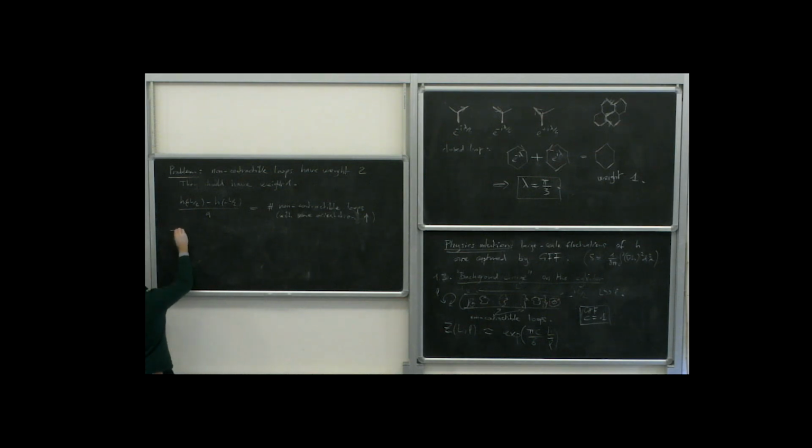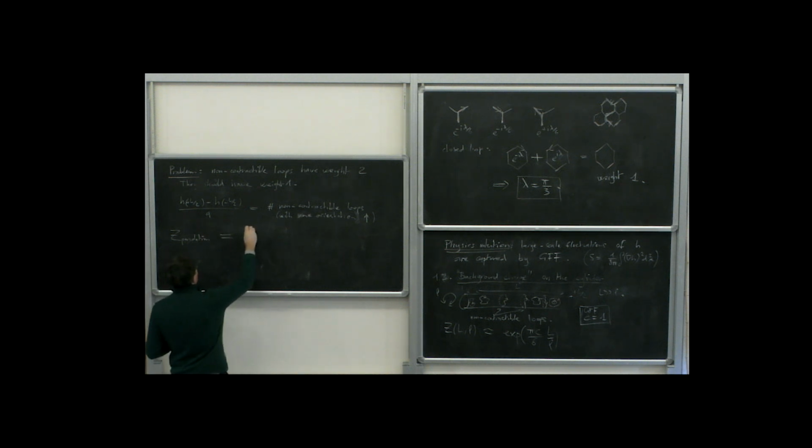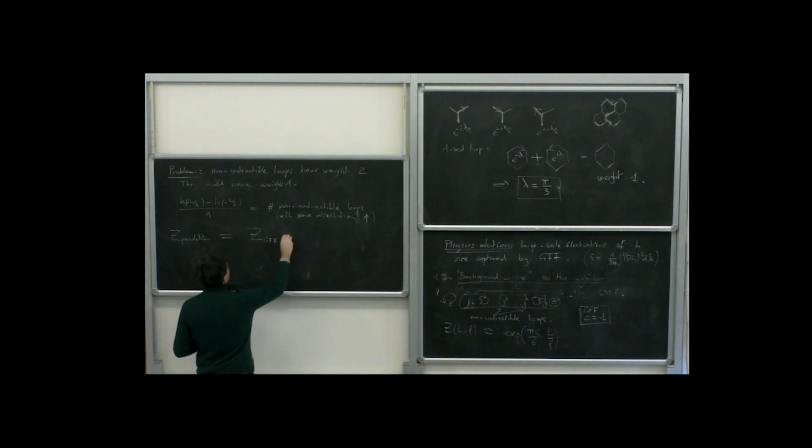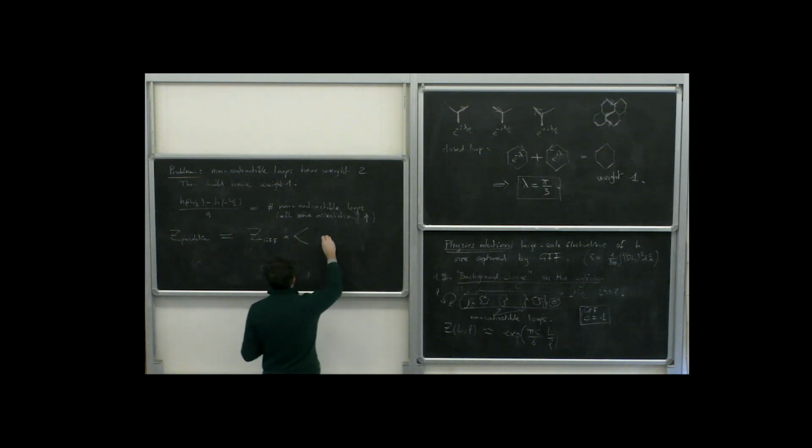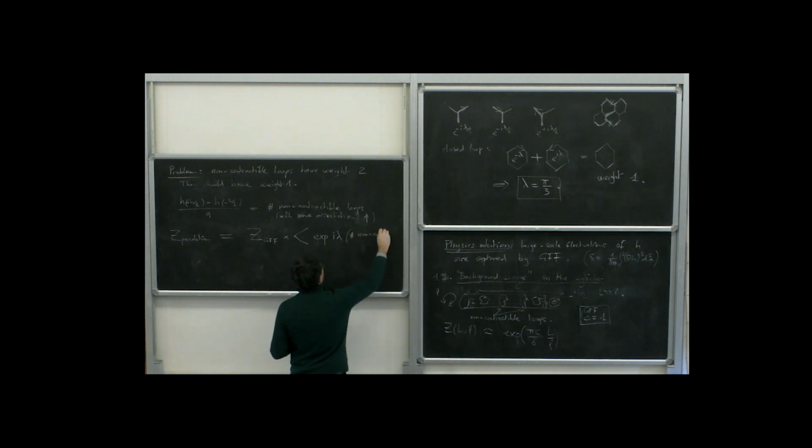The partition function for percolation, you can replace by the partition function of the GFF times a correlation function, and the correlation function you just take as exponential of i lambda times the number of non-contractible loops.